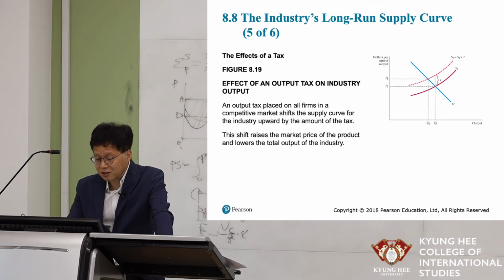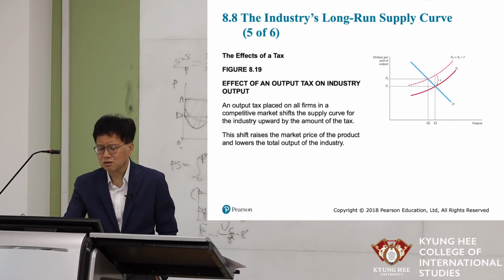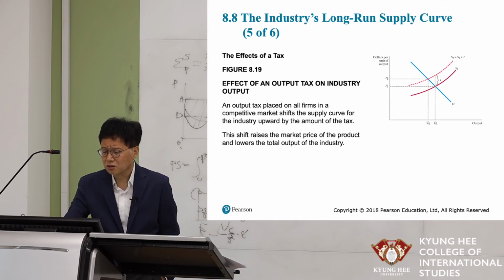This shift raises the market price of the product and lowers the total output of the industry, right? Like this, demand, supply. So price increases and production decreases at the industry level. Sometimes I will ask this kind of content in the exam, but in a mathematical form rather than this graphical explanation, right?